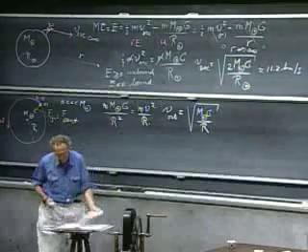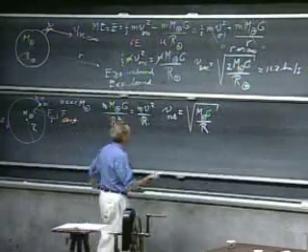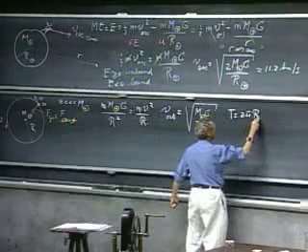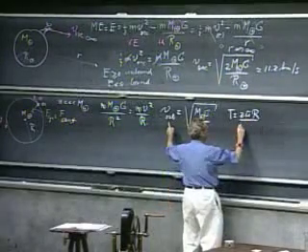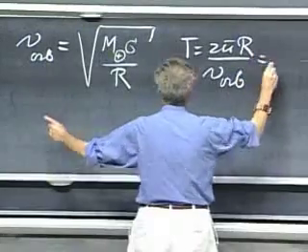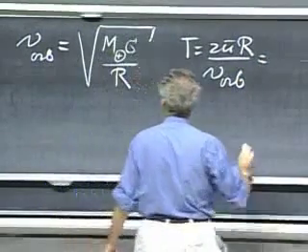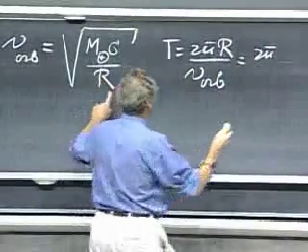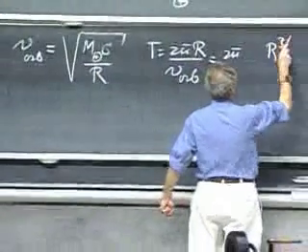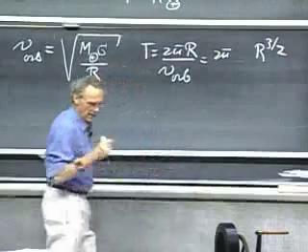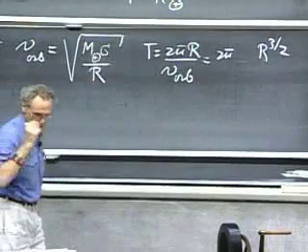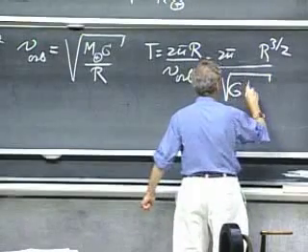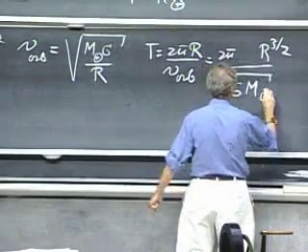And so the period of going around in the orbit, T, equals 2 pi r divided by the orbital speed. And when you do that, you get 2 pi r to the power 3/2, and downstairs you have the square root of G M Earth.